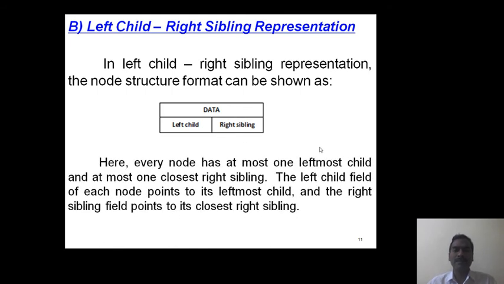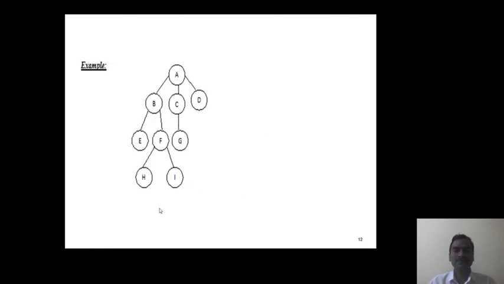In this format every node has at most one left child and one closest right sibling. Those links are connected by placing those data parts. Now observe this example.